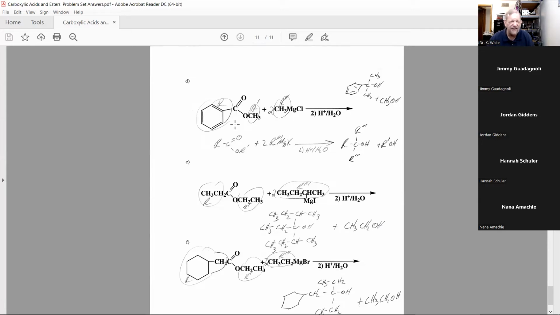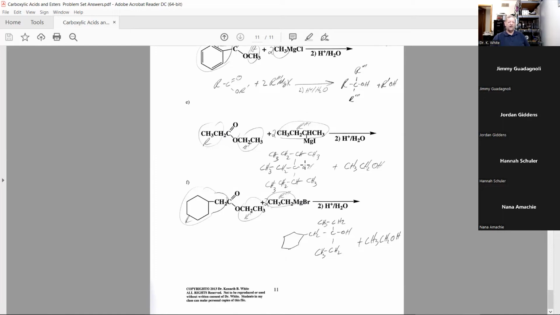And if we look at D, R is the benzene ring, R triple prime is methyl, R prime is methyl. Notice on the carbon with the hydroxy group, the benzene ring is still on that carbon. 2 methyl groups from the Grignard, get an alcohol, and the other alcohol, R prime is CH3, you get methanol.